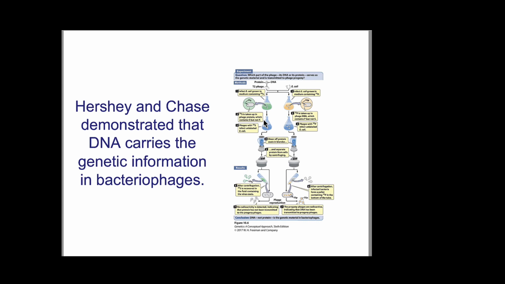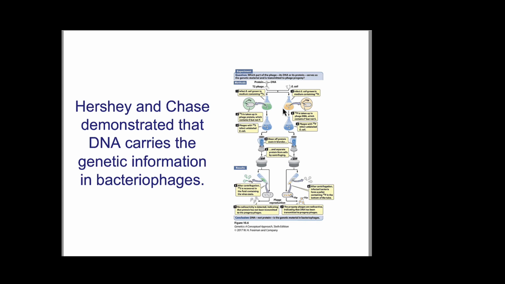The reason why they use either sulfur or phosphorus is because the presence of either of these two are determining factors in the substance that is being transformed. And so this is why they used sulfur and phosphorus. Phosphorus is found in DNA. Sulfur is found in protein.